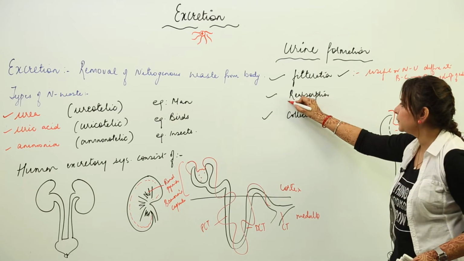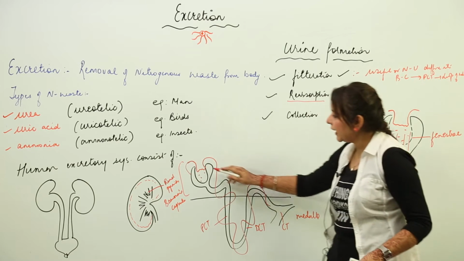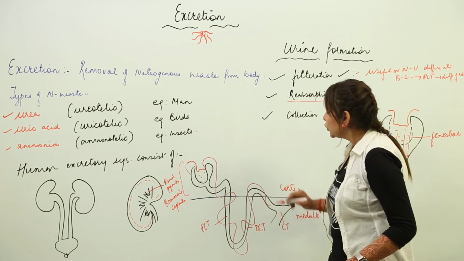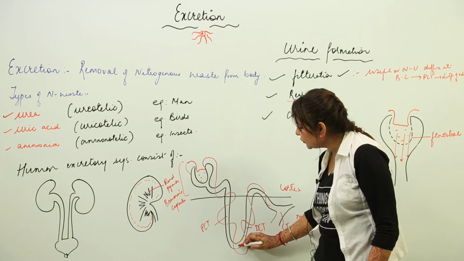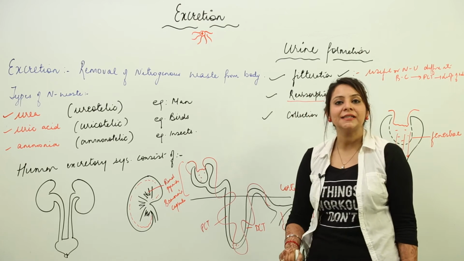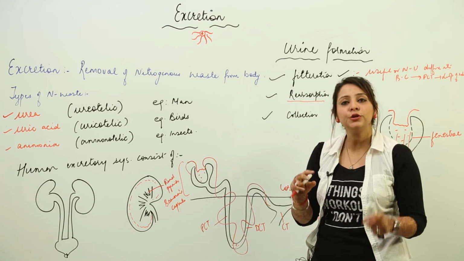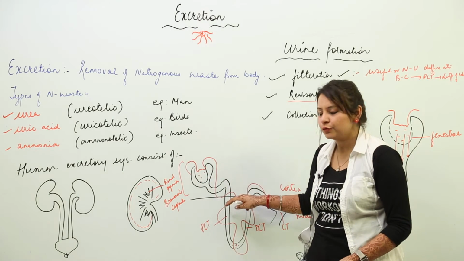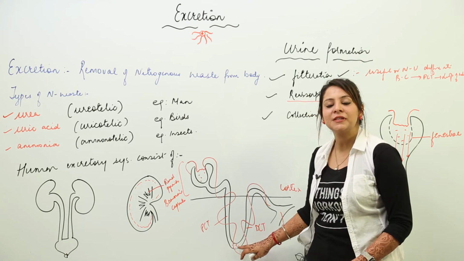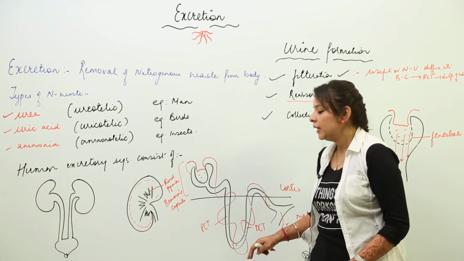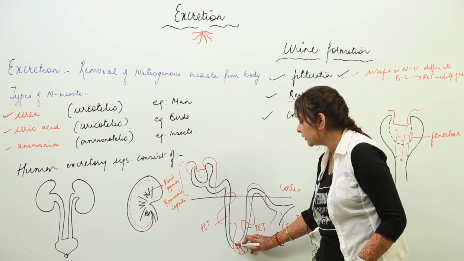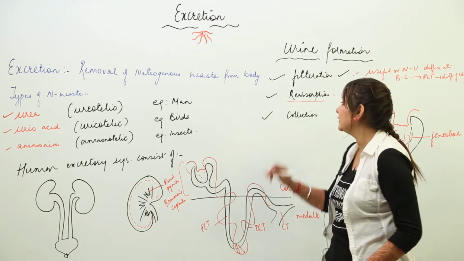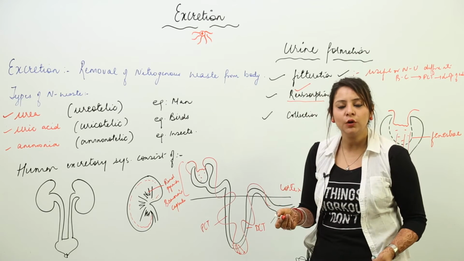Next we have reabsorption. As we know, the capillary is coiled around it. When the substances reach this portion, those which are useful for the body, because here all the substances, useful and non-useful, just got diffused, are put back into the capillary blood. That is reabsorption.